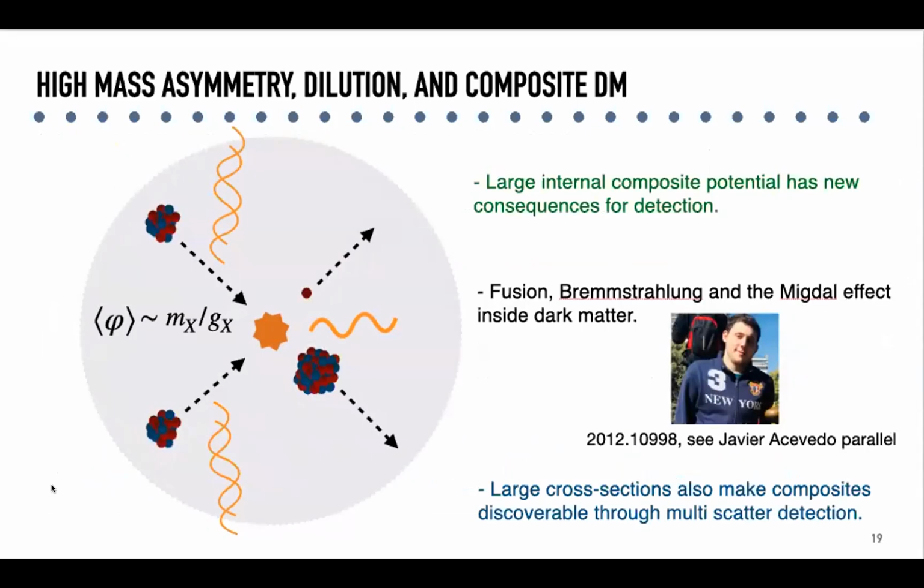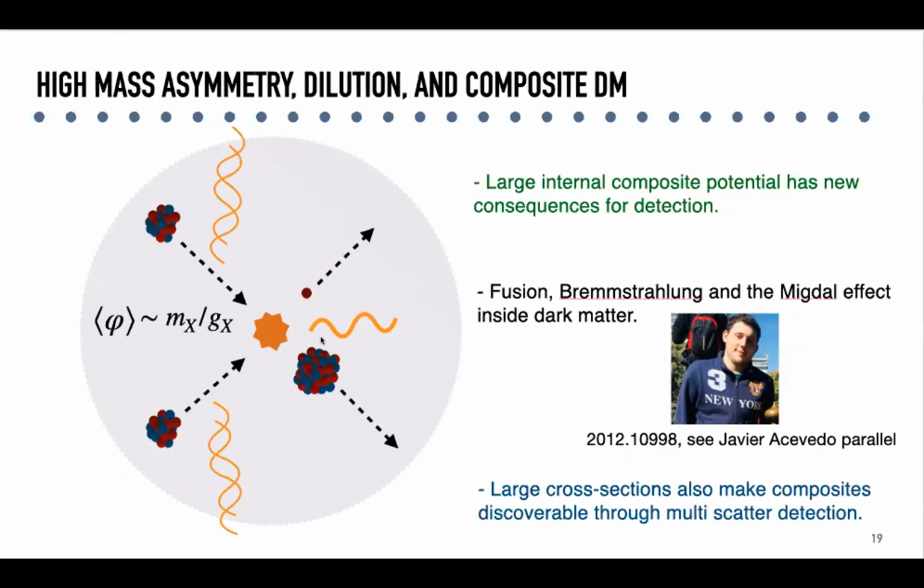In fact, we found that there are some really interesting signatures associated with such massive high number content composite dark matter states. The internal potential of these states will go like the mass of the dark matter outside of the composite divided by its self-coupling. And so that potential can be extremely large.